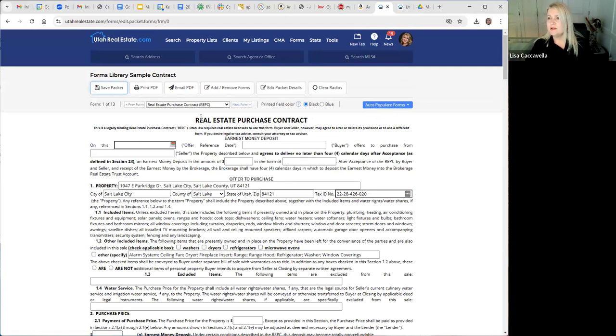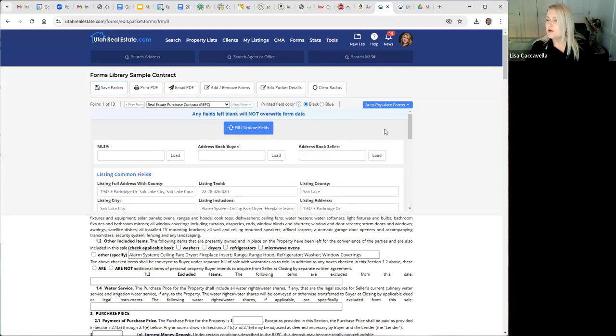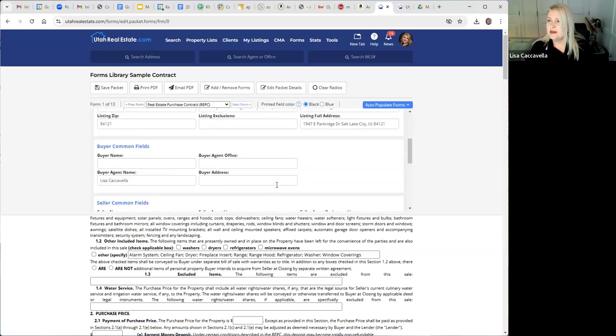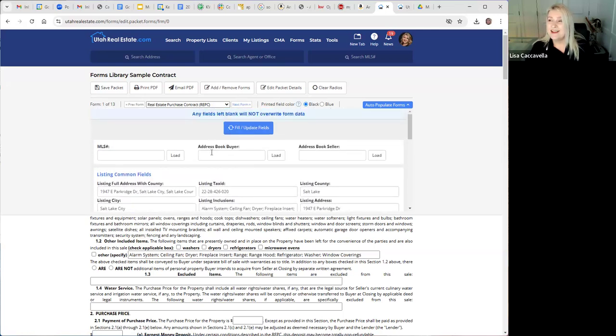Okay, so when you're in here in the purchase contract, and I've got a whole bunch of addenda that we can go through, you're going to come up, auto populate. We're going to put in the MLS number, which I've already done previously. And then personally, I don't use the MLS for my address book because again, right now, we don't own the MLS and I don't want any company that owns the MLS to have access to my database.